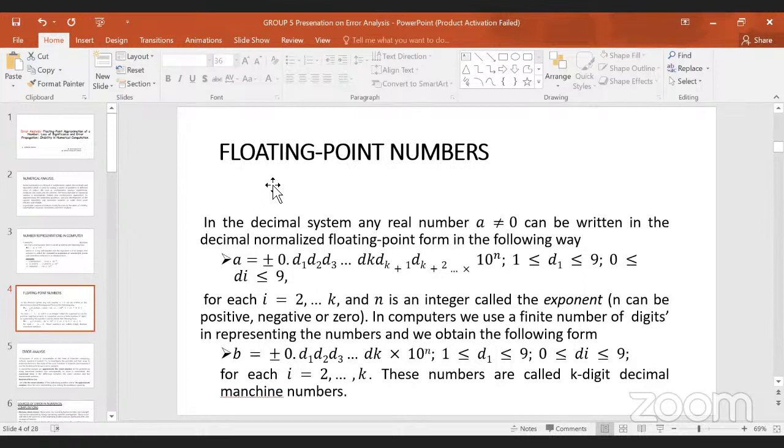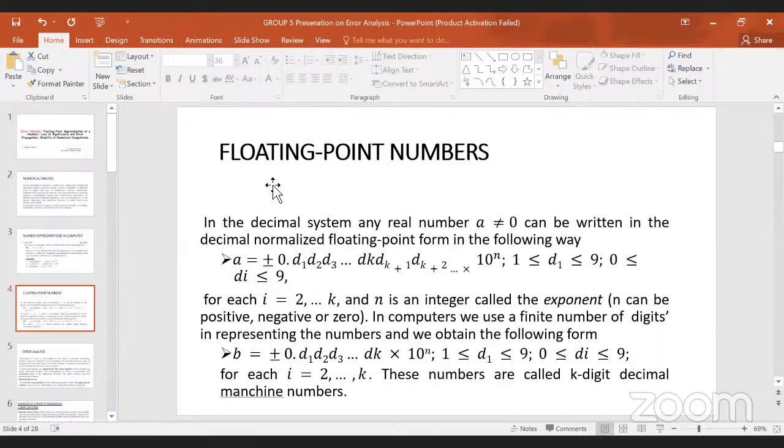So we can have it in a general form of a equals plus or minus 0.d1 d2 d3 up to dk, times 10 raised to power n.